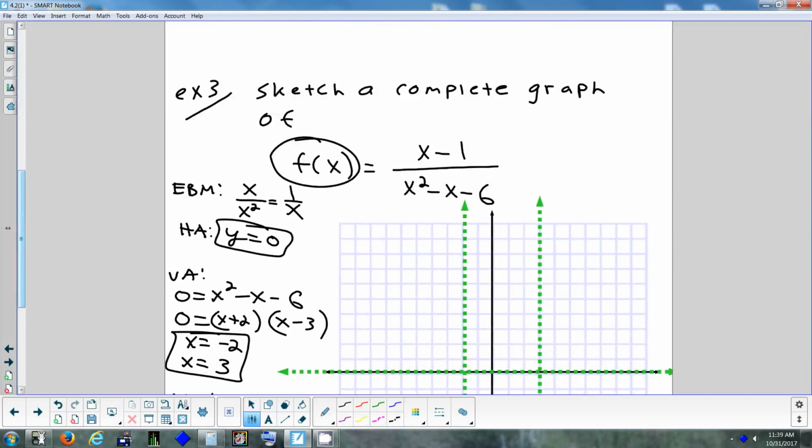What's the only way that a fraction can ever equal 0? Ian? If the top is 0. It doesn't matter what the bottom is. So if the top equals 0, then the entire fraction equals 0. Any question on that?